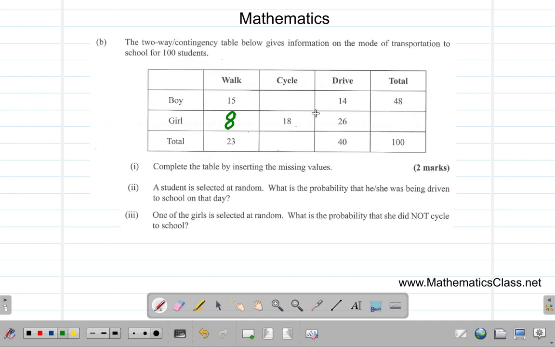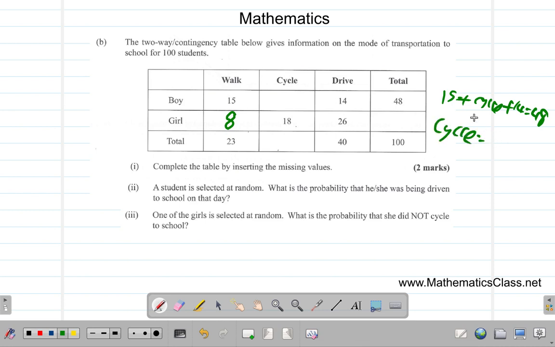Alright, we can't deal with this one. It's what? Walk, cycle and drive are 48. So walk are 15 plus cycle plus drive 14 equal 48. So we have to calculate that.